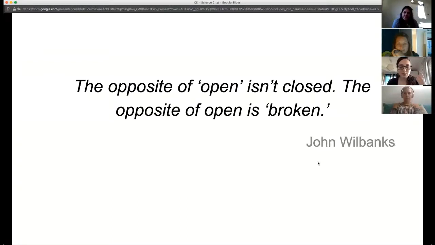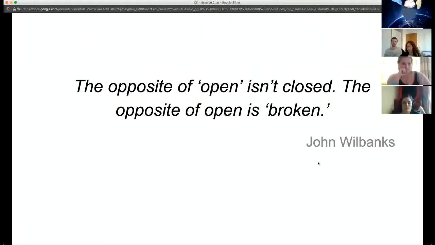So I like to open with that quote because I think it's true. Especially when we talk about science, I'm gonna go from more general to particular, so we end up talking about conservation ecology, for example, and which opportunities open knowledge and open science have for the field and for people who are interested in doing open things. I like that quote because it says exactly what I think about it.